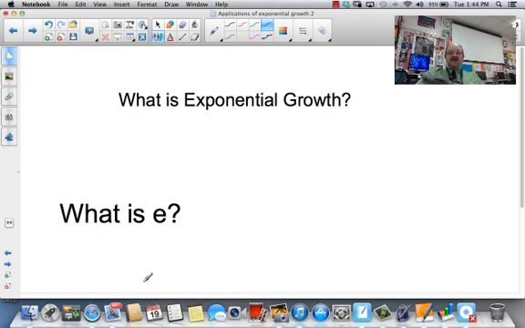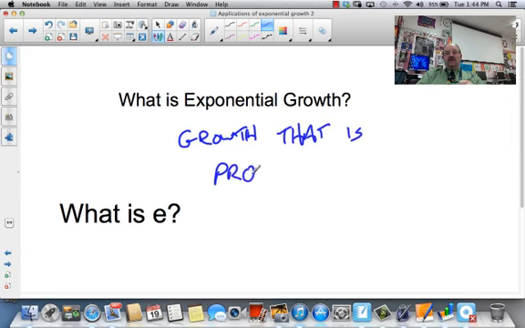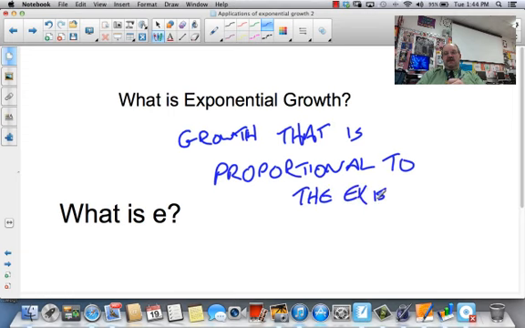So what is exponential growth? Exponential growth is growth that is proportional to the amount that you have. That's the definition of exponential growth: growth that is proportional to the existing amount.